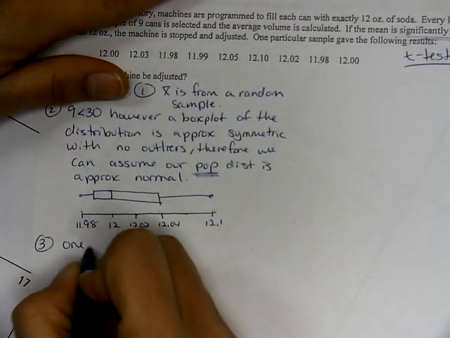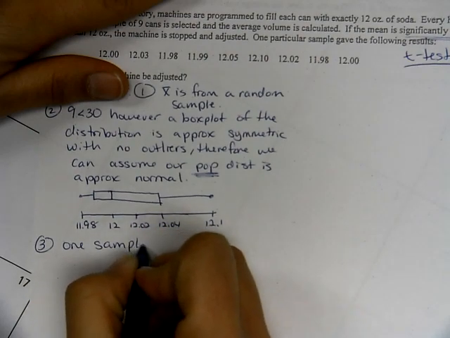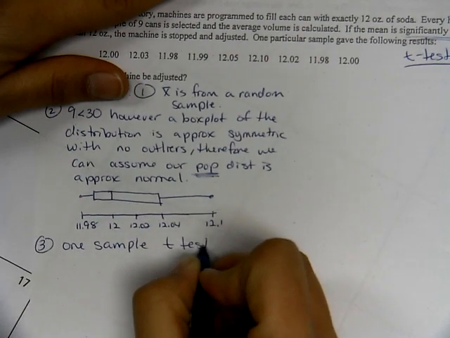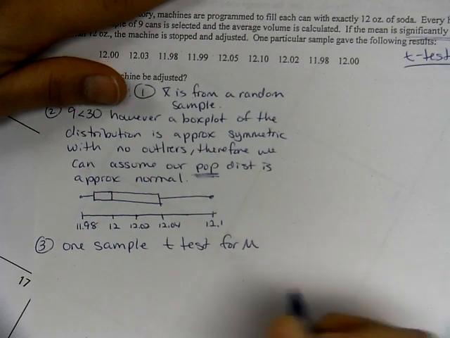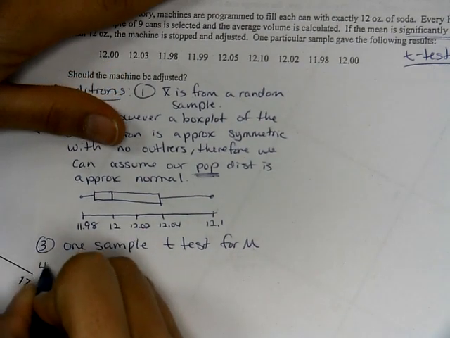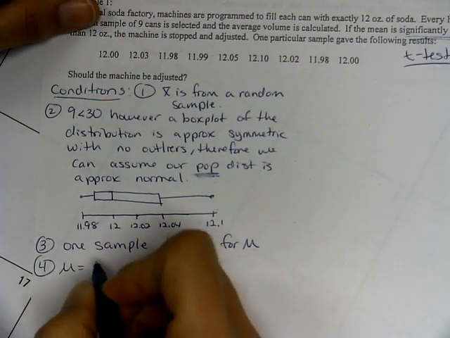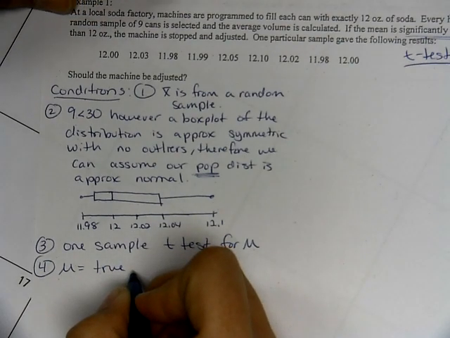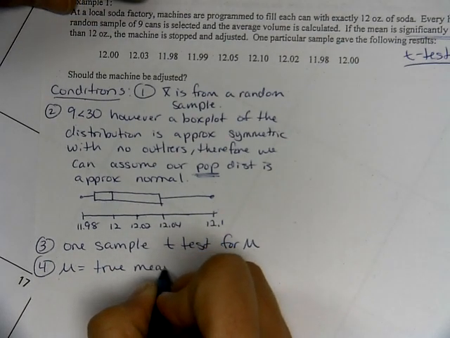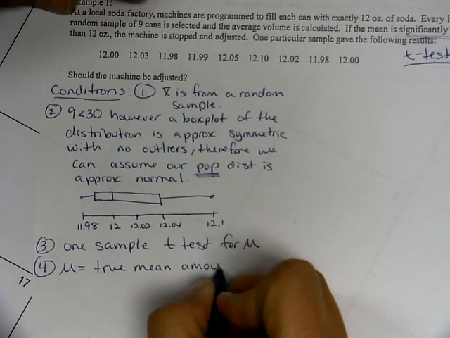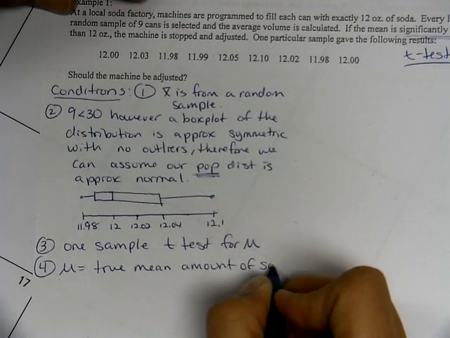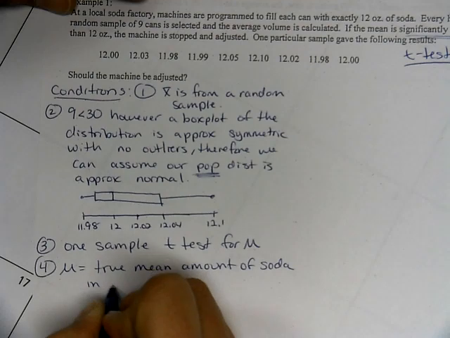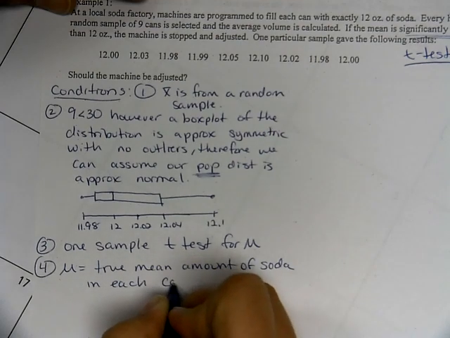So this is a 1 sample t-test for mean. And our mu is the true, what are we looking at? Mean amount of soda in each can.